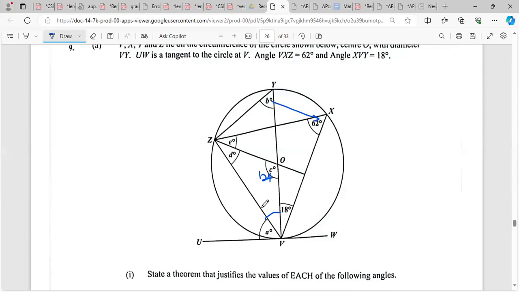So 180 minus 124 equals 56, divided by 2, so these are 28. We know D is also 28. Let's find everything. For E, these are E, right? So we find A already. No, we don't find A. A will be 90 minus 28. So that's A.